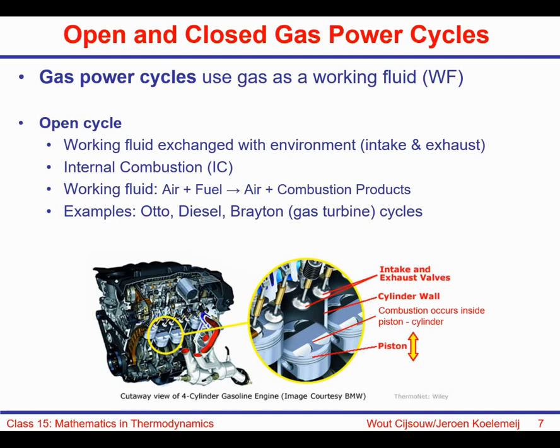And the working fluid is a mixture of air or some oxygen containing gas combined with fuel. And then after the combustion, the fuel will have been chemically transformed into combustion products along with the remaining air. And examples of open gas power cycles are the Otto cycle, the diesel cycle, but also the Brayton gas turbine cycles.